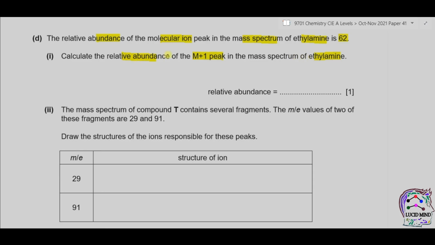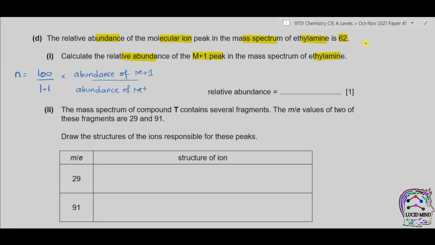To find the relative abundance of the M+1 peak, we can use the formula N is equal to 100 divided by 1.1 multiplied by the abundance of the M+1 peak divided by the abundance of the M+ peak. Now N is the number of carbon atoms present in the molecule.